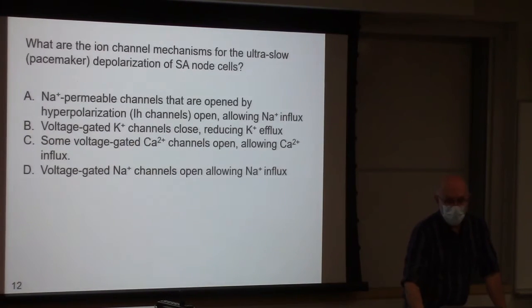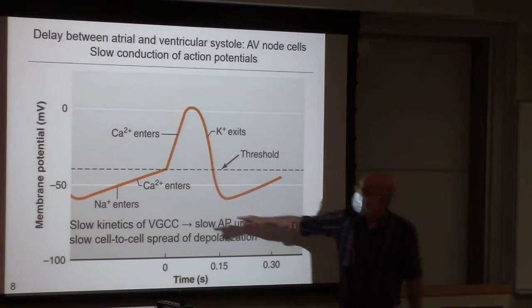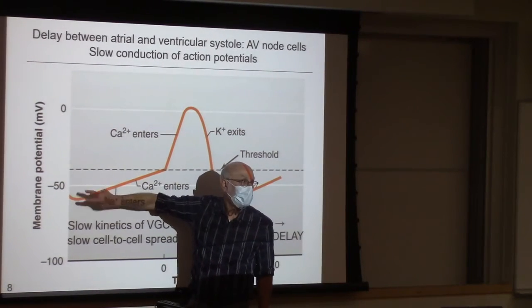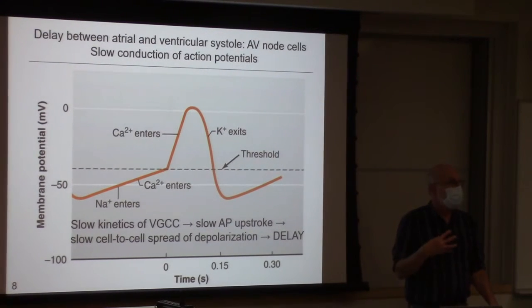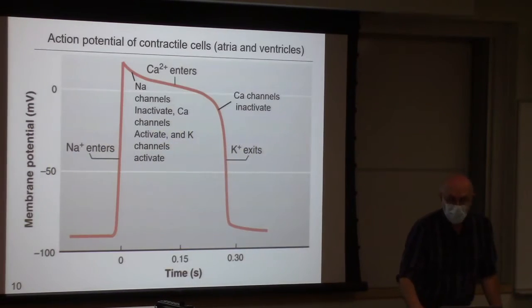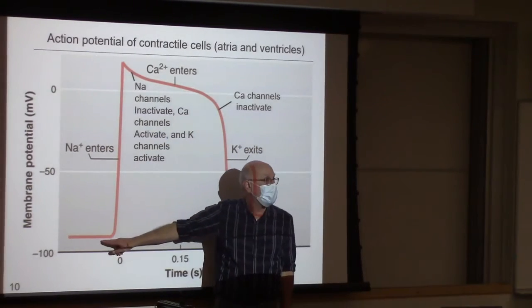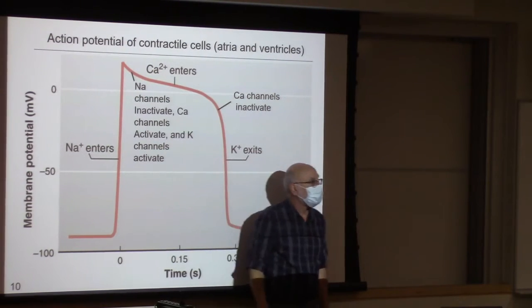Is it very negative in pacemaker cells? Oh, not so much. Okay. So it is not very negative because we have relatively few of the resting potassium channels in pacemaker cells, and we have lots of resting potassium channels in myocardium and contractiles. Makes sense. Thank you.